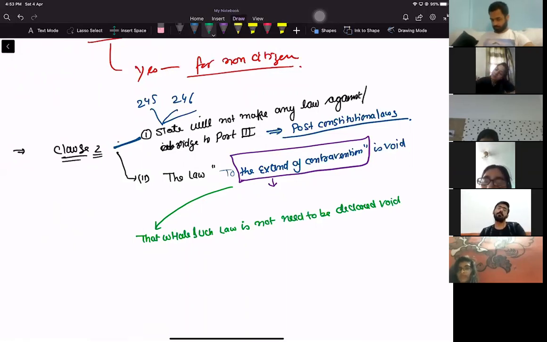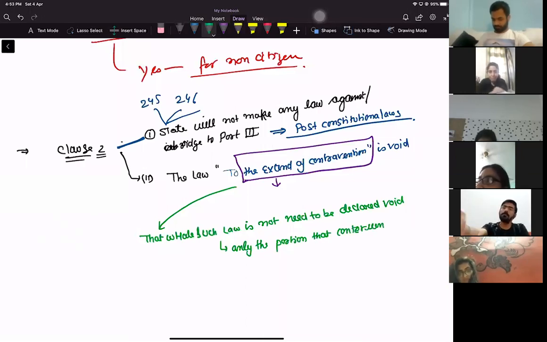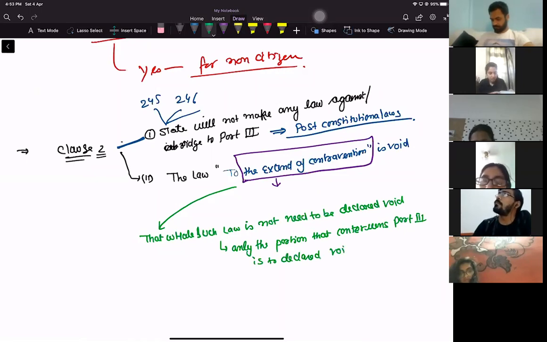Rather, the portion which is inconsistent, the portion which is in contravention, is to be declared void. Only the portion that contravenes part 3 is to be declared void.